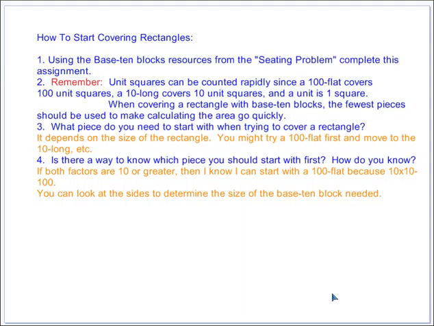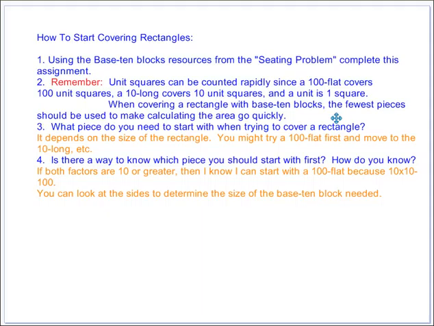Anyway, a 100 flat covers 100 unit squares, a 10 long covers 10 unit squares, and a unit is 1 square. So when you are covering a rectangle with your base 10 blocks, you need to use the fewest amount of pieces so that your calculations, or doing your multiplication of the area, is going to go much more quickly. For number 3, what piece do you need to start with when trying to cover a rectangle?